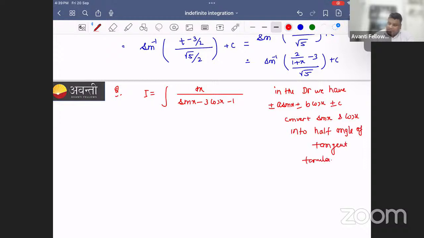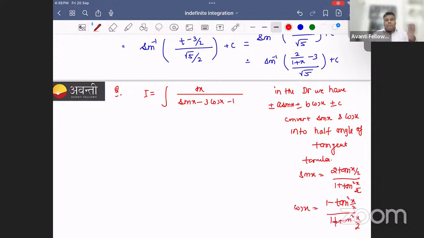Like sin x we will replace by 2 tan x by 2 upon 1 plus tan square x by 2, and cos x we will replace by 1 minus tan square x by 2 upon 1 plus tan square x by 2. Got it?